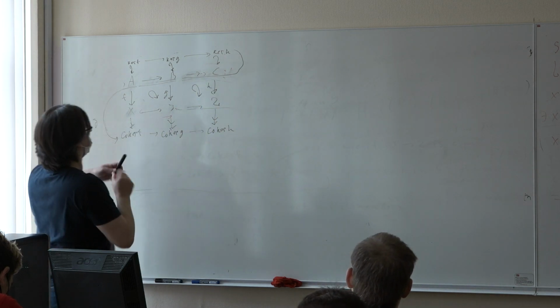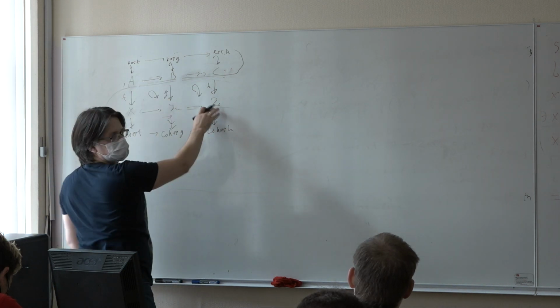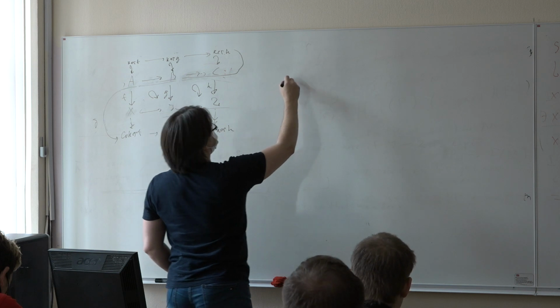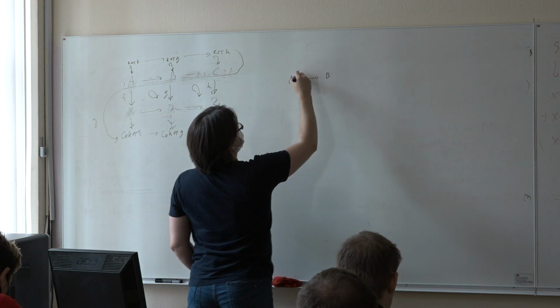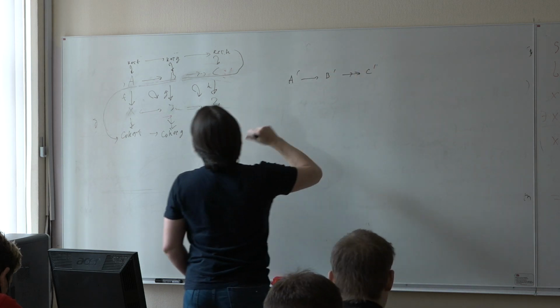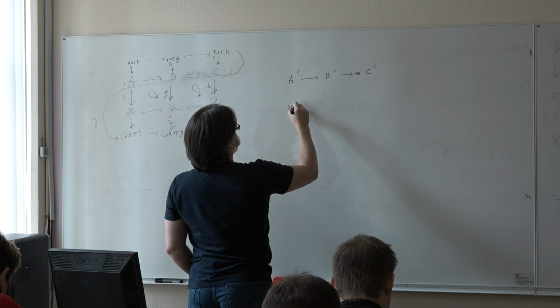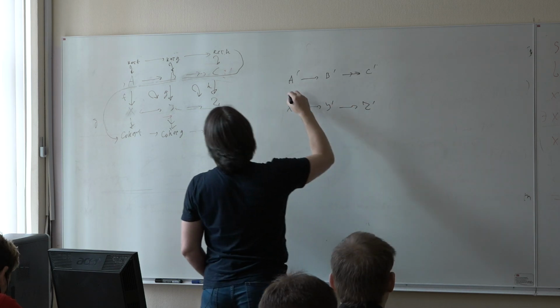If you have two diagrams, so you have A, B, C, X, Y, Z, and you have A prime, B prime, C prime, here X prime, Y prime, Z prime.